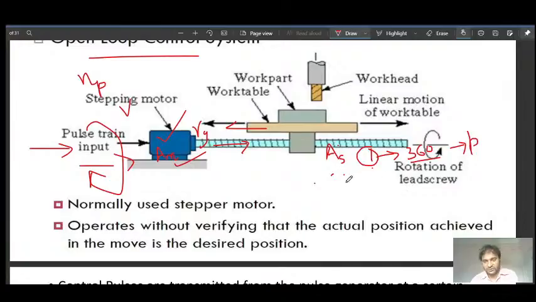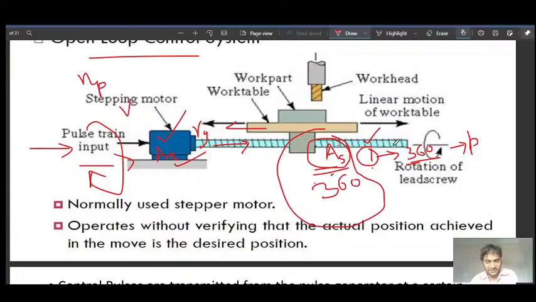So if we have the total angle, and we divide by 360 degrees, we find the number of turns the lead screw has made.